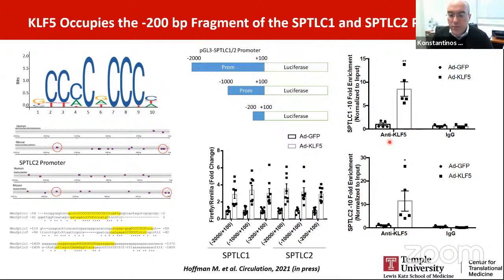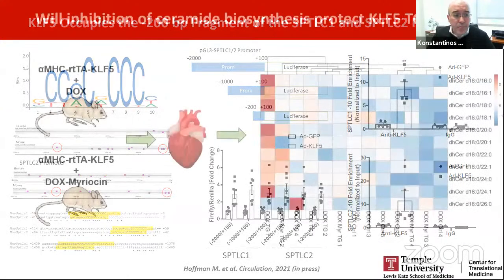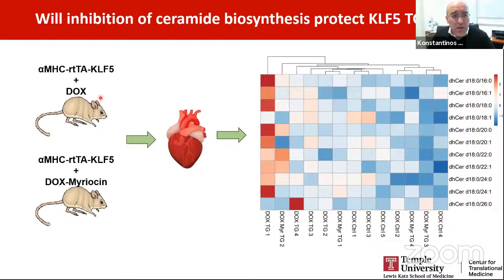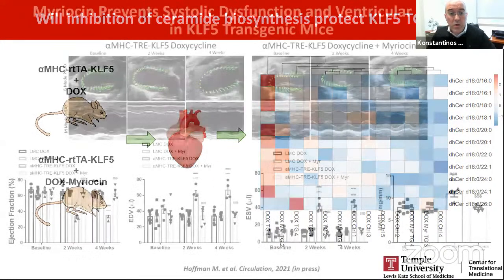biosynthesis is important for the cardiac dysfunction we see when KLF5 is activated, we used our transgenic mice and fed them a diet that contains both doxycycline and myriocin, which is an inhibitor of the SPT enzyme. We confirmed that ceramide content was suppressed when we did the treatment with myriocin.